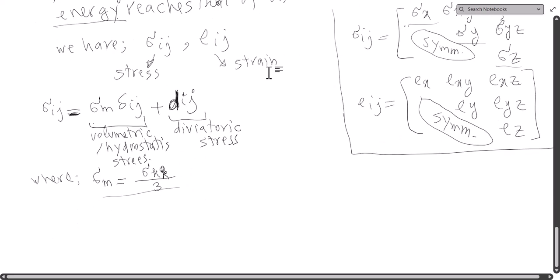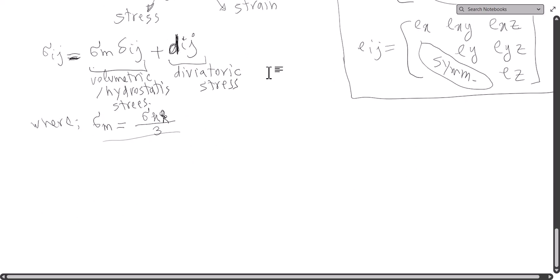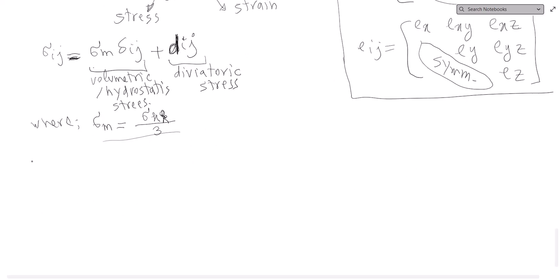If you expand on this, you can see that for sigma ii, the trace of my stress tensor would be obviously this sigma m remains and delta ii plus dii.